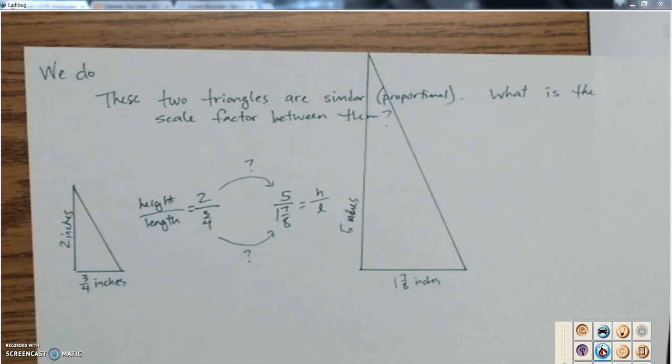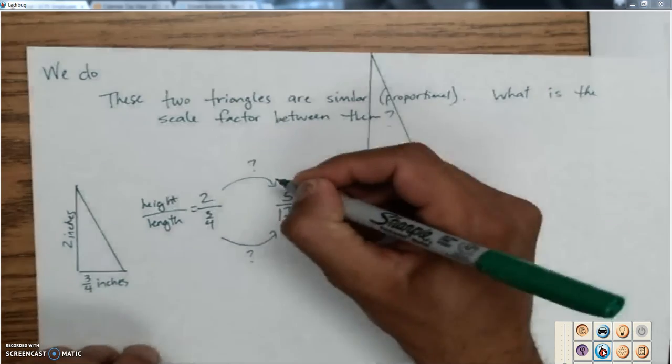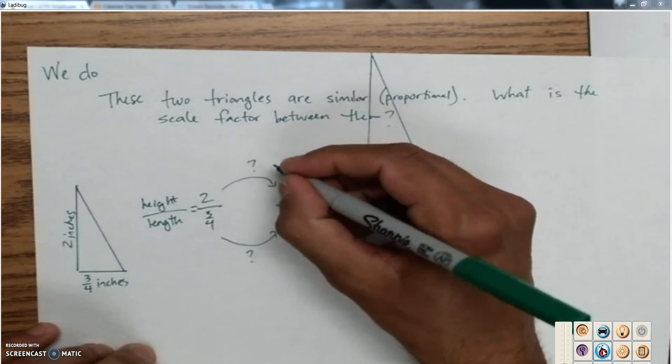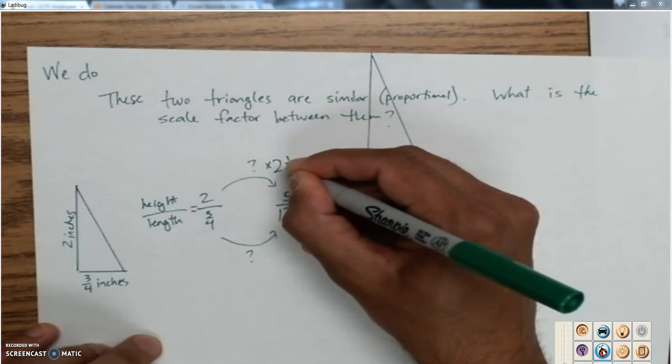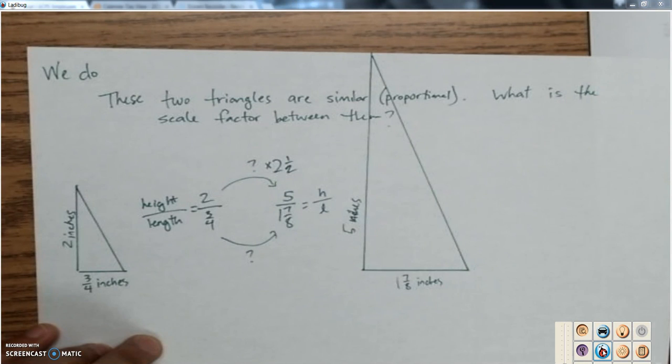Right? Obviously, since they're proportional, I multiplied both of those sides by the same factor, the same scale, and I just need to figure out what it is. The numerator is going to be easier for me to figure out in this case. I know how to get from 2 to 5. 2 times 2 is 4, and 2 times 2.5 is 5. So I believe this is a times 2 and 1/2 scale.